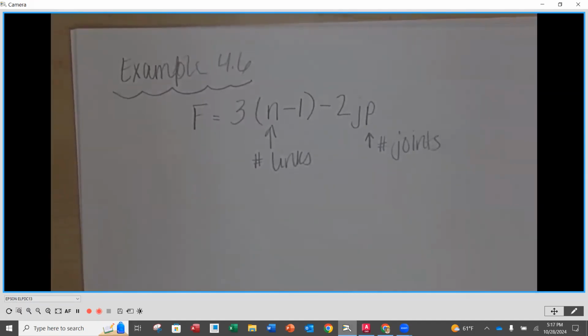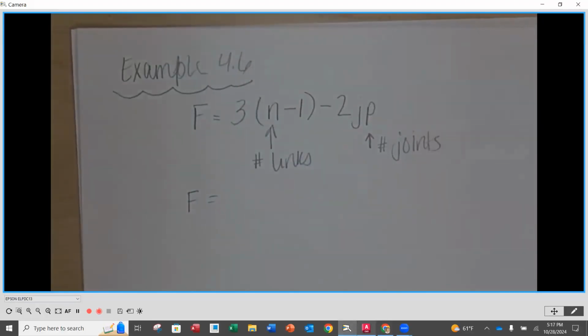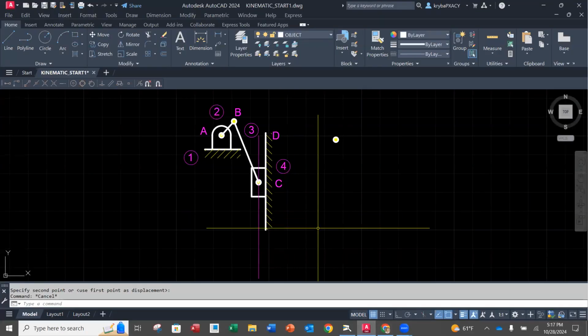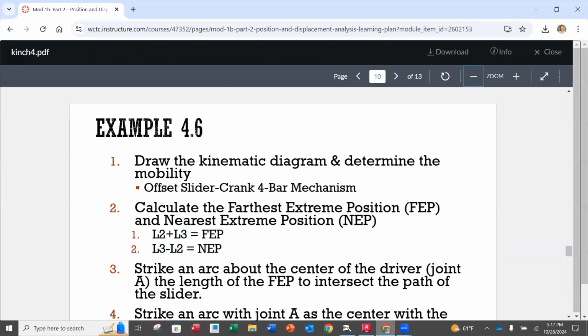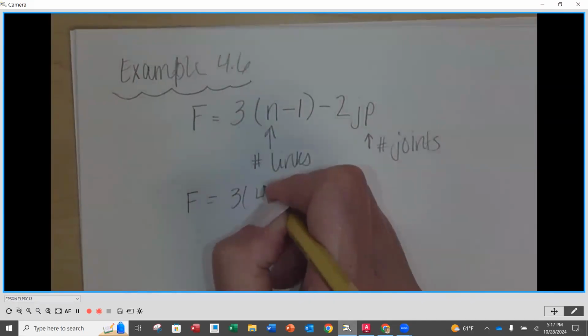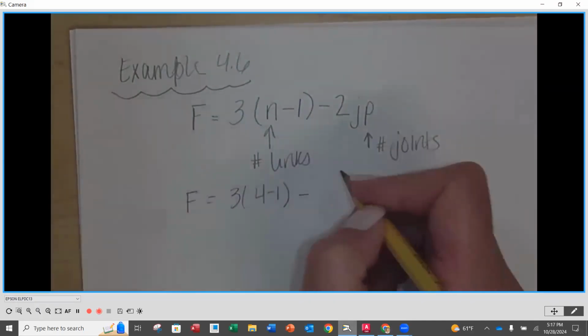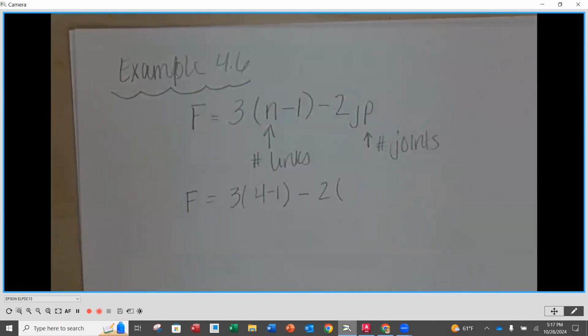Thank you, Lex. Yep, you got it. So we're going to be filling those in. So F is equal to, if I go over to AutoCAD, the number of links I have here are the numbers with the circles, right? So my highest number with the circle around it is 4. So I'm going to be putting in 4: 3 times (4 minus 1) for the number of my links, minus 2 times the primary joints.